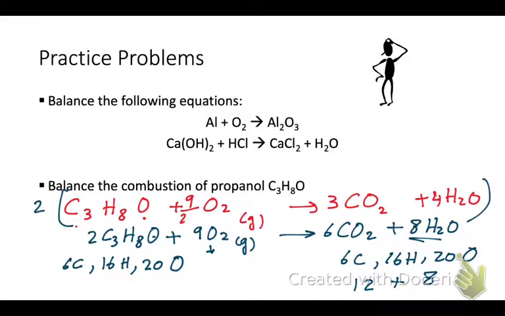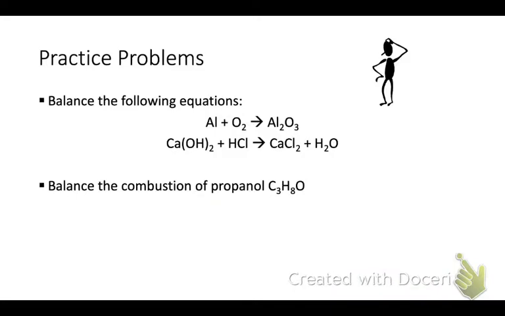What I would like to tell you is the good news that this example is almost as hard as it gets when it comes to balancing equations. So if you follow this logical method to go around the atoms and how to balance equations, you will be good. Okay, now let's do propane. So how would you balance propane?